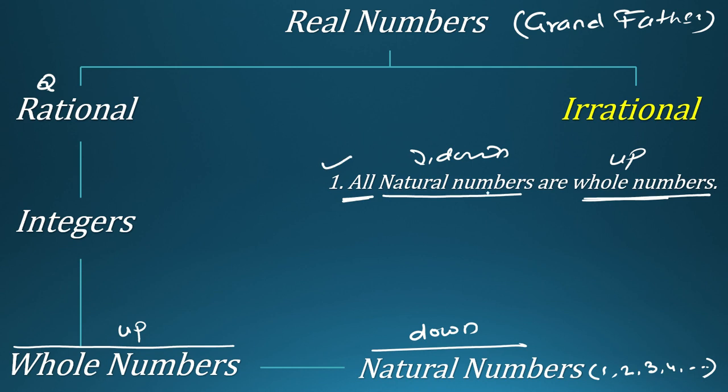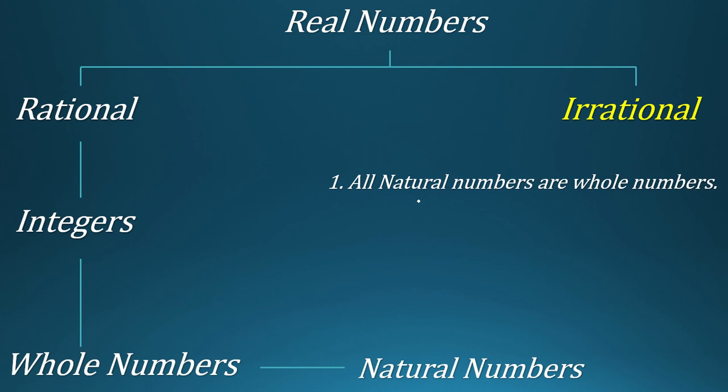Means all natural numbers are whole numbers. So natural numbers means 1, 2, 3, 4, I said, and whole number means it is also the same but including 0. Yes. So this statement will be correct, because whatever natural number you count here, that will also be a whole number. Yes or no?